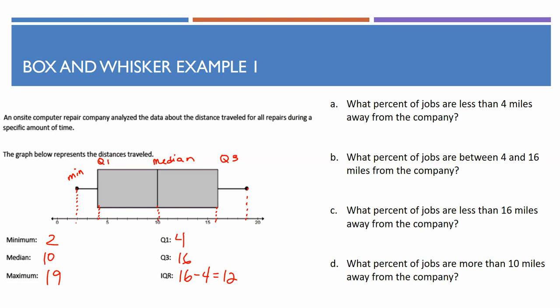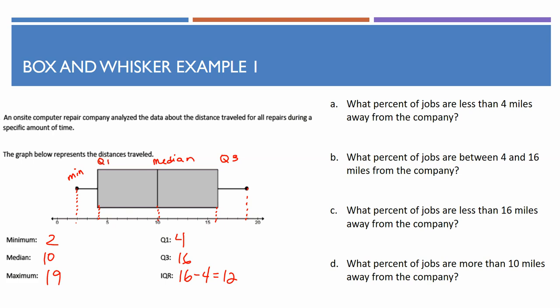Now, before we answer any of these questions that you see on the right-hand side here, these questions are asking about what percent of jobs are within this range and that range. All you need to remember to answer these questions is that within each of these sections, you have 25% of your data.